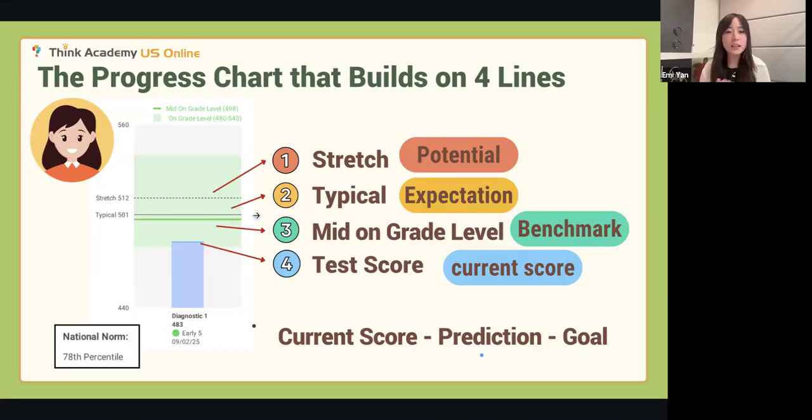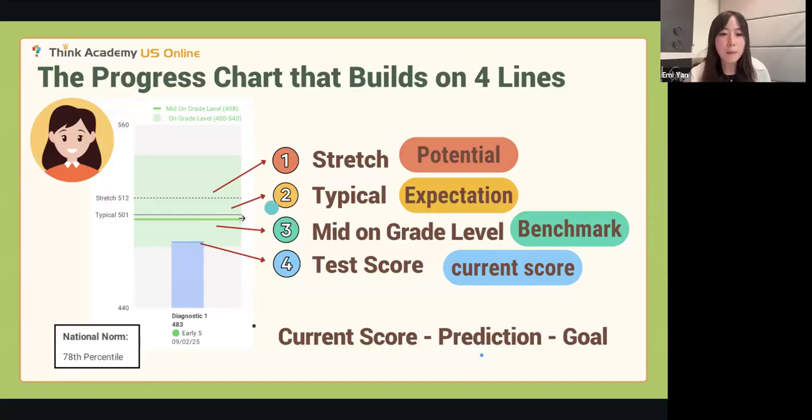If you remember, we can take the test 3 times: at the beginning of the school year, in the middle of the school year, and at the end of the school year. My current scores are here, and by the end of grade 5, when I take the test one more time, I'm going to reach this line. So that is the prediction. That is the expectation that iReady gives me if I follow what I'm doing right now.